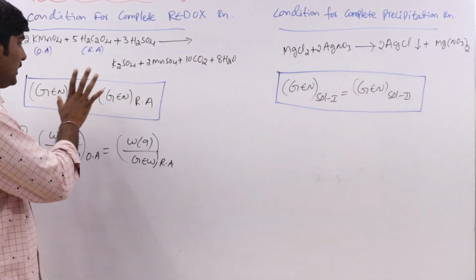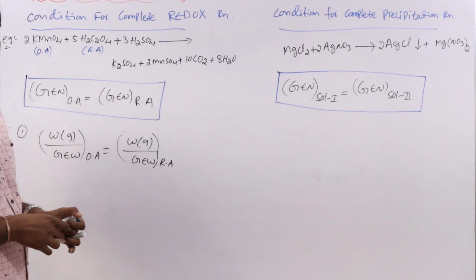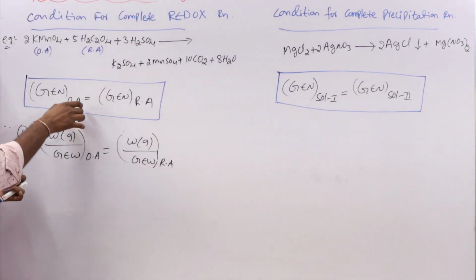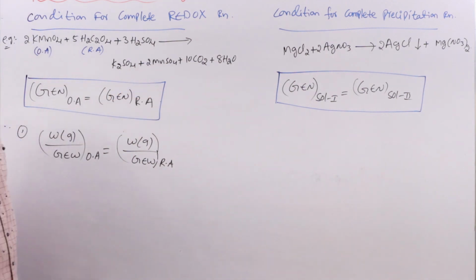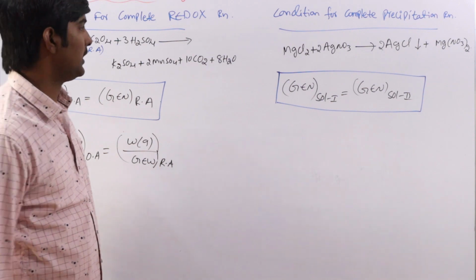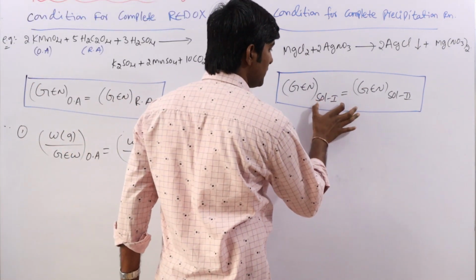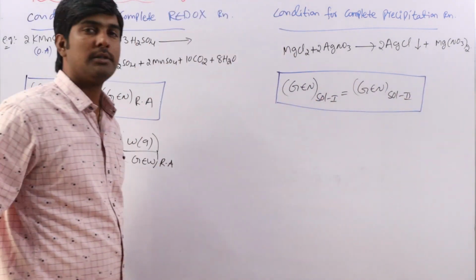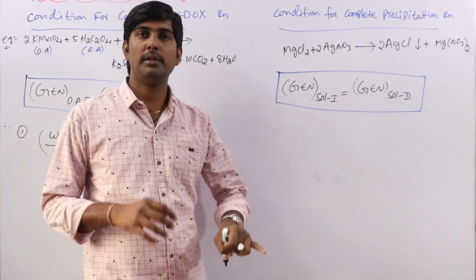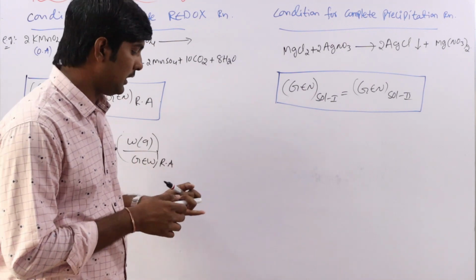See, relation is the same. If that is acid base reaction, we get acid and base. If that is a redox reaction, we get oxidizing agent and reducing agent. If that is a precipitation reaction between two different solutions, we get equivalence of solution 1 equal to equivalence of solution 2. So very simple. Remember the base relation, from that we get all the relations.